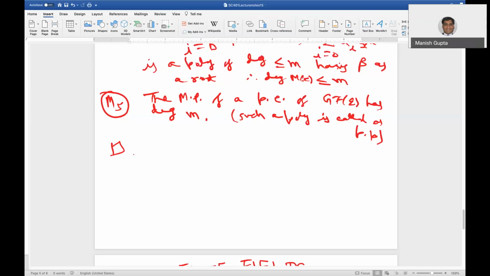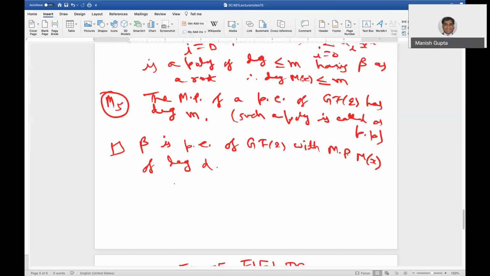Okay, now beta is a primitive element of GF(q) with minimal polynomial m(x) of degree d, suppose. Okay, this m(x) will generate a field. We know that m(x) is irreducible, right?